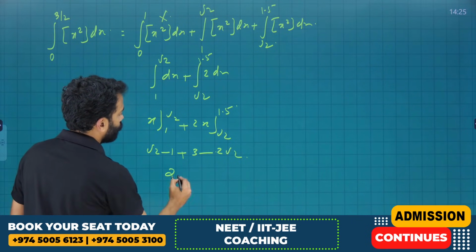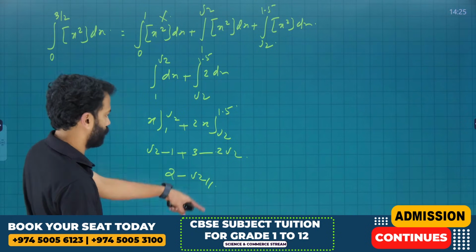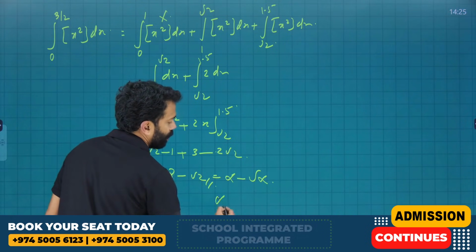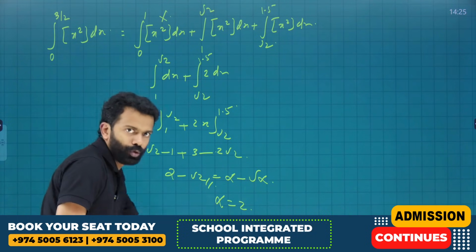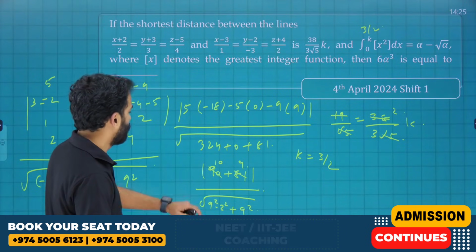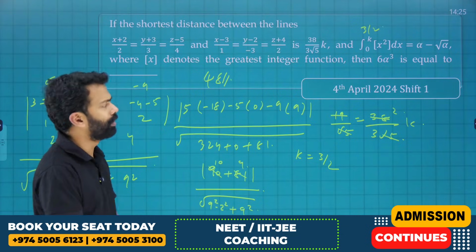Okay, that is 2 minus root 2. Yeah, 2 minus root 2. Okay, it is equal to alpha minus root alpha, right? So alpha cubed is equal to 8 and 6 into 8 is equal to what? 48. Okay, hope you got the answer here.